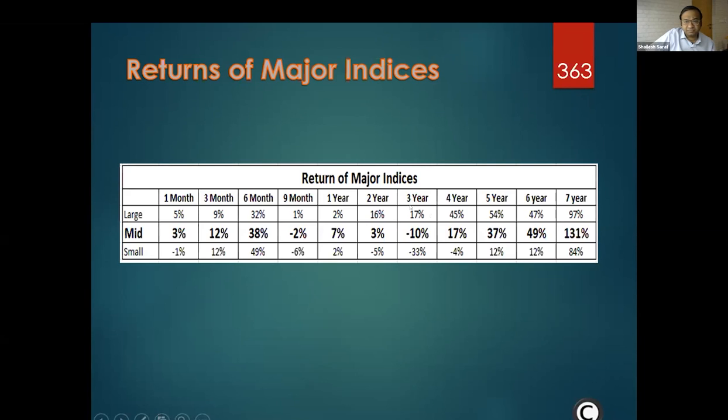Because there was a rally of large cap only in the last 2 to 3 years, if we check for 7 years, mid cap has outperformed both the indexes. And mid cap falls less when market falls more. Small cap fell 33%, mid cap fell by only 10%. So mid cap falls less also and gives good return.